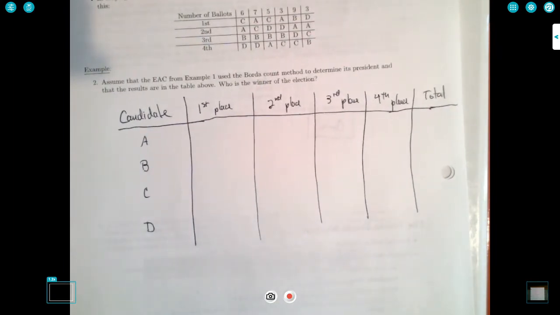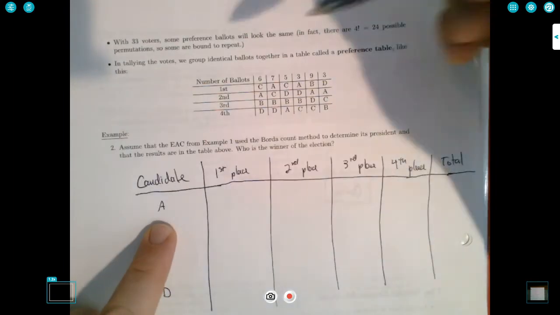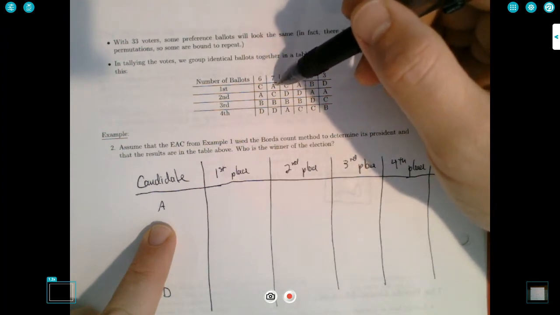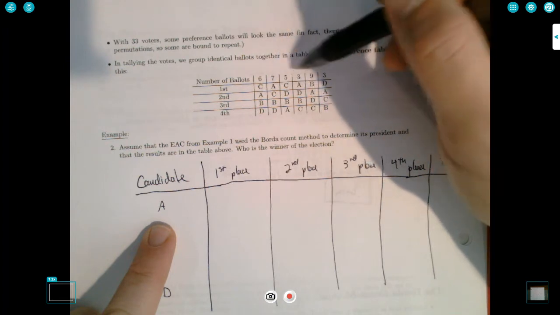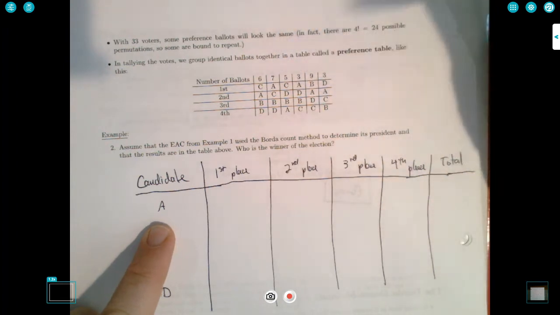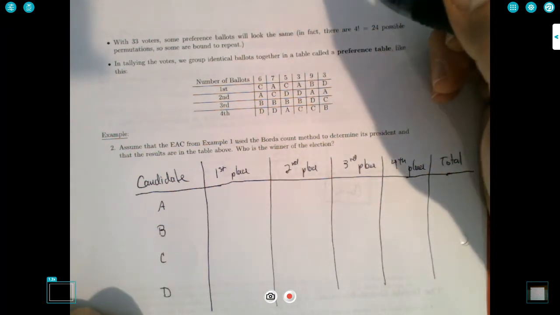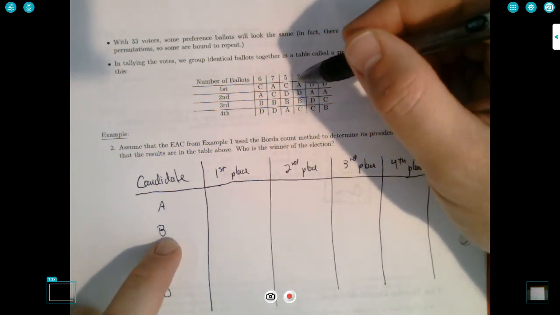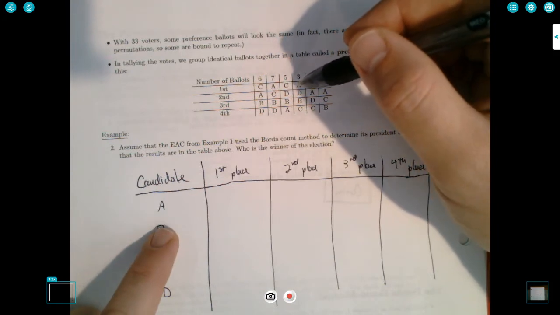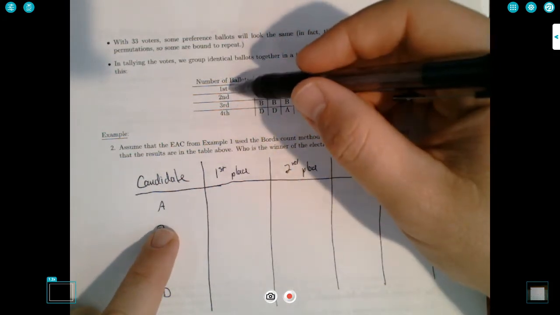Okay. So for Anne, she got first place 7 times and then 3 more times. So in total, she got first place 10 times. And each of those first place votes is worth 4 points, because there are 4 people running.